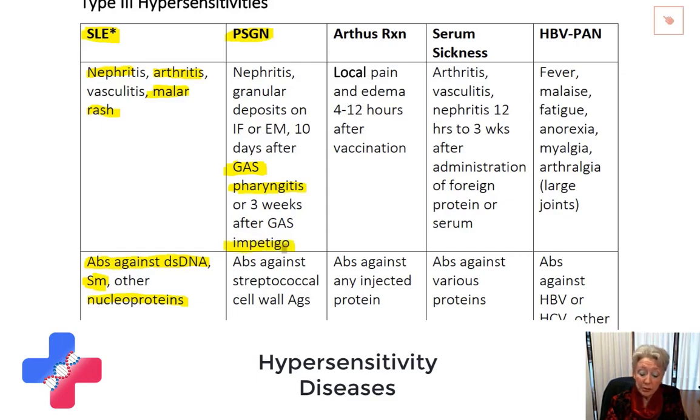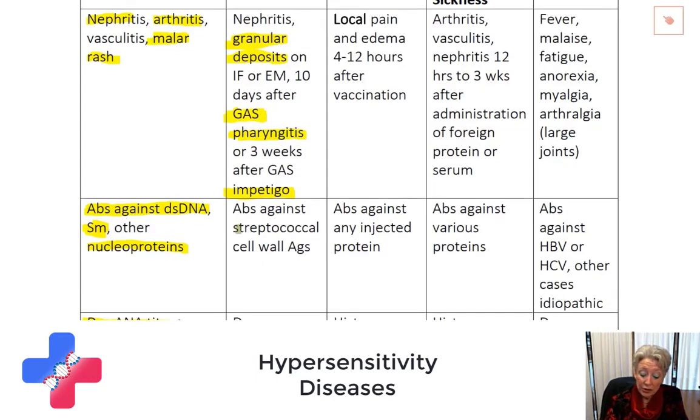Either of those previous infections are what will start this. And so I will make antibodies that will create granular deposits that will be visible in the kidney by immunofluorescence or electron microscopy. And the antibodies, again, are against the streptococcal wall antigens.